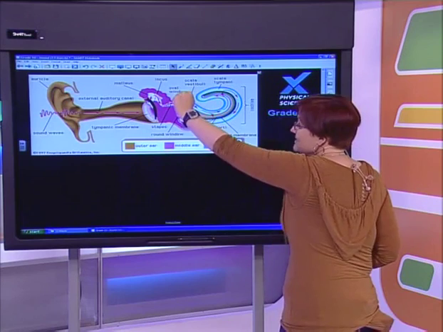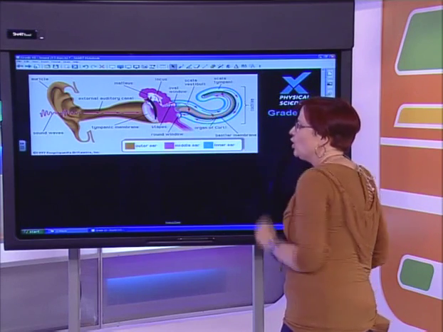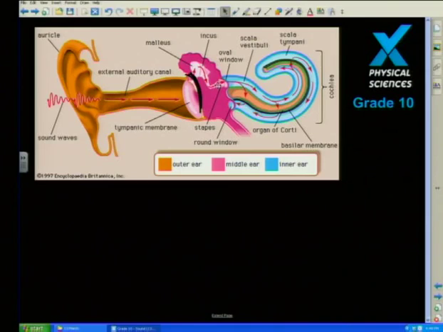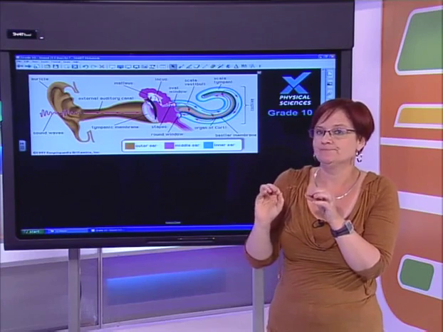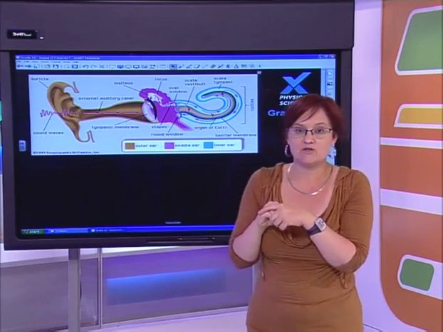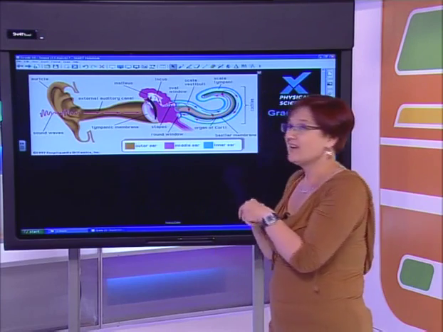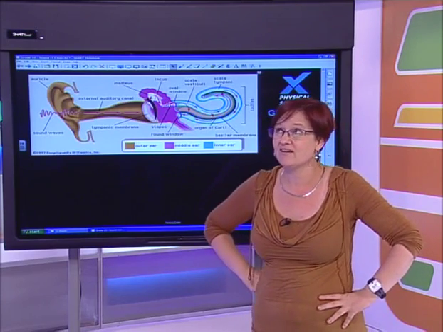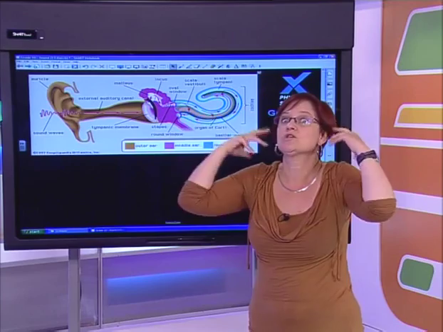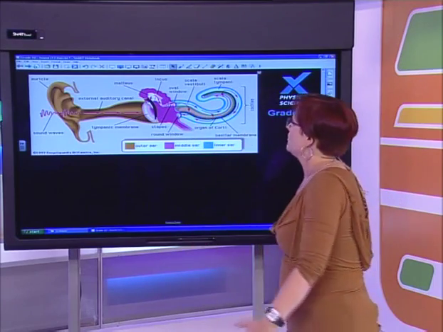Inside your cochlea is a whole bunch of tiny little hairs. Each of those little hairs vibrate at a certain frequency. Now, I'm sure you've noticed, as your grandparents are getting older, that they seem to get harder and harder of hearing. Eventually, you're screaming at your grandparents, okay?